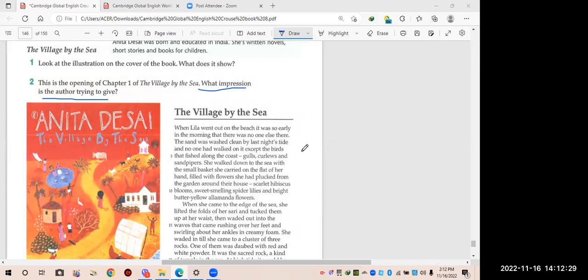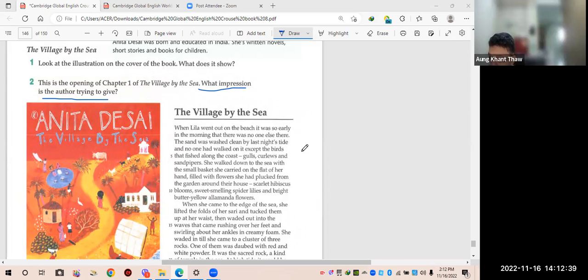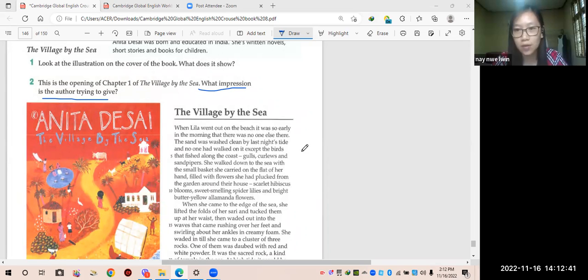The natural scenery of the village by the sea. Okay, so you can imagine the natural scenery of the village by the sea. How about the others? The appearance of the sea. Okay, great. Do you have any different impression, or the same?